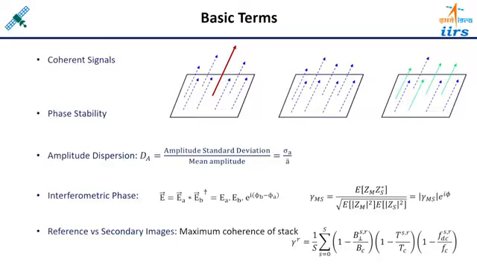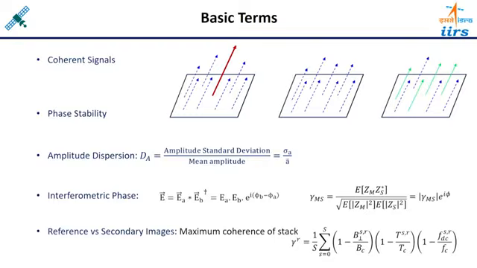That particular value within which some correlation is there is called the critical temporal baseline. So again, in the same manner, the actual temporal baseline is always less than the critical temporal baseline. This is also given for each and every pair.